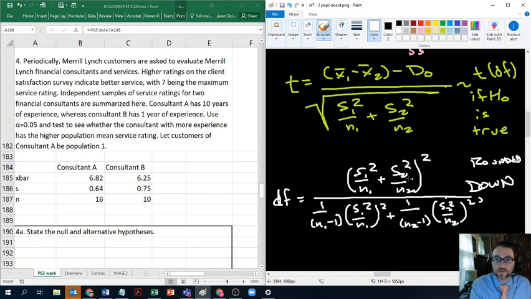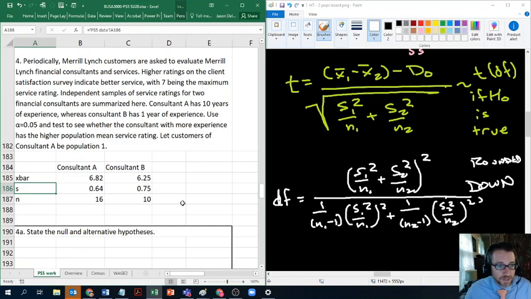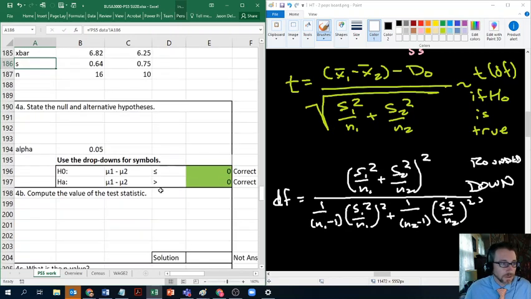Right, so once we find this fraction, we round it down. And I want to draw your attention real quick, we do have pretty small sample sizes, 16 and 10. The t distribution has pretty nice properties even with small sample sizes, so that's one of its nice features.